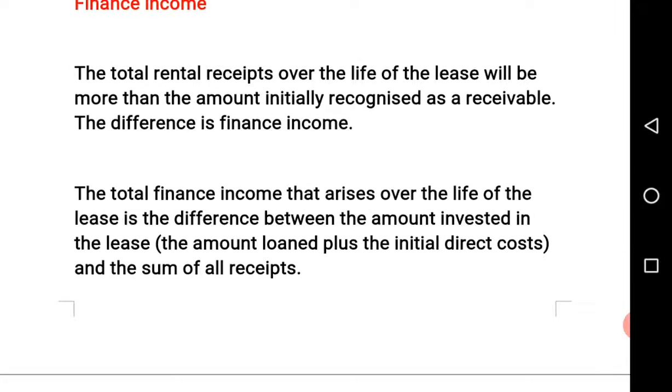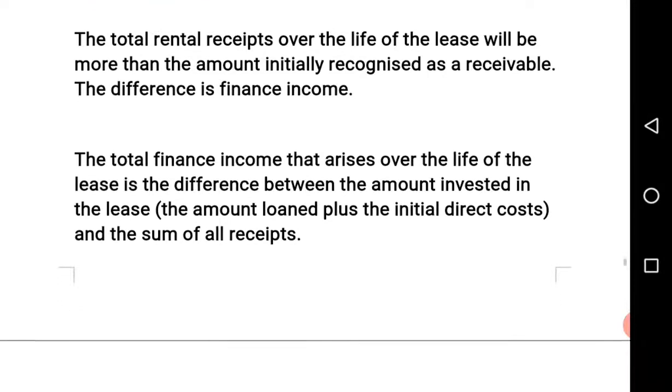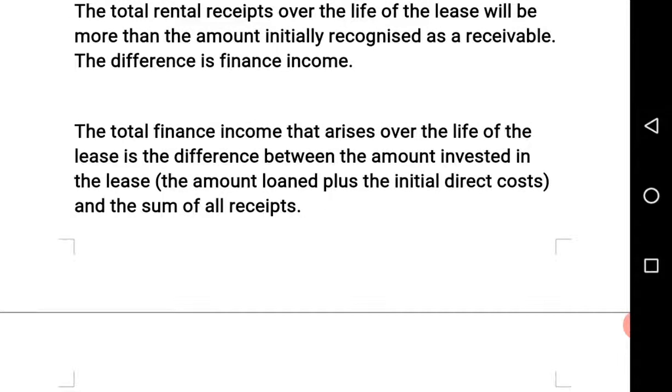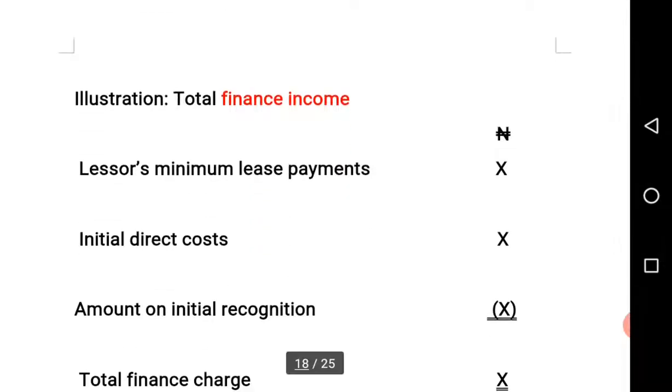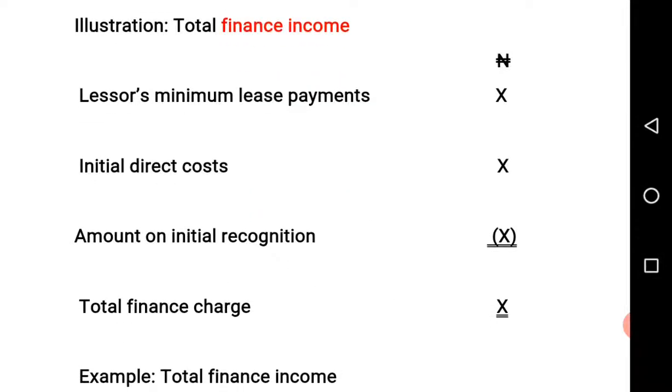We've said that the total finance income that arises over the life of the lease is the difference between the amount invested in the lease and the sum of all receipts. It's a gain to the lessor for making the lease or agreeing to the terms of the lease. And we have an illustration here which gives us a format. It says lessor's minimum lease payments. That's to calculate the finance income to the lessor.